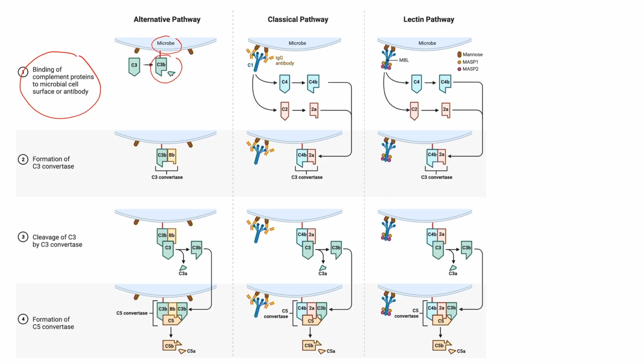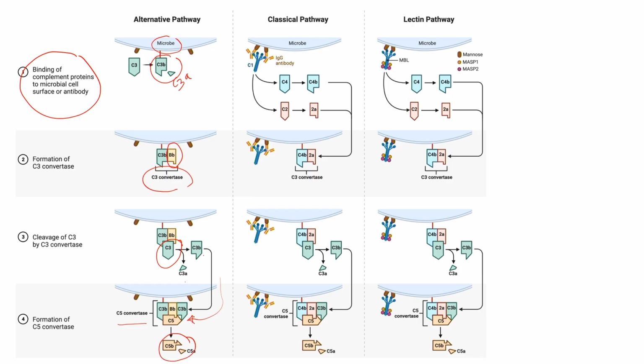This cleaved portion is the C3a component, the smaller one, and the rest is attached to the microbe, and then another component called factor B comes and binds to the remaining C3 fraction to make C3 convertase, and finally the C3 is cleaved into C3b and C3a, which in turn make the complete C5 convertase, which can again cleave the C5 protein into C5b and C5a.